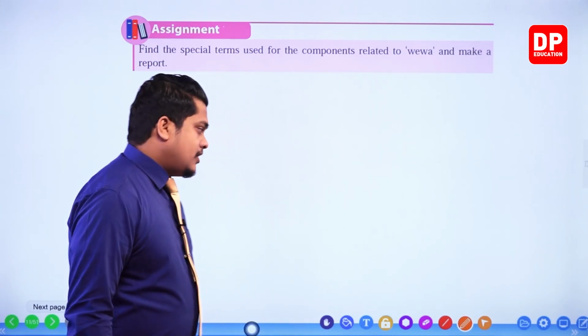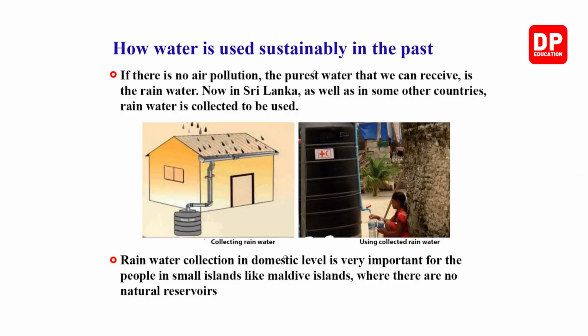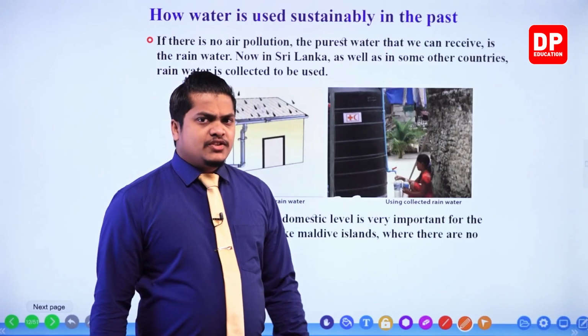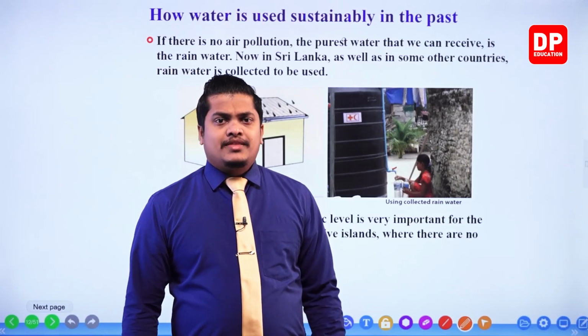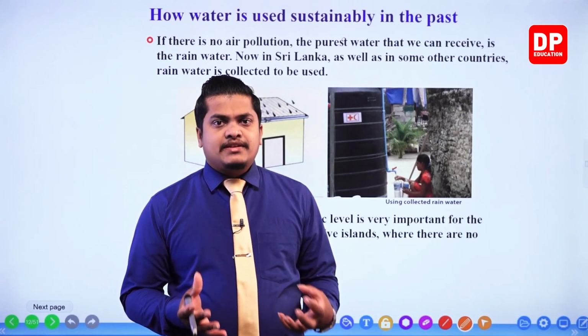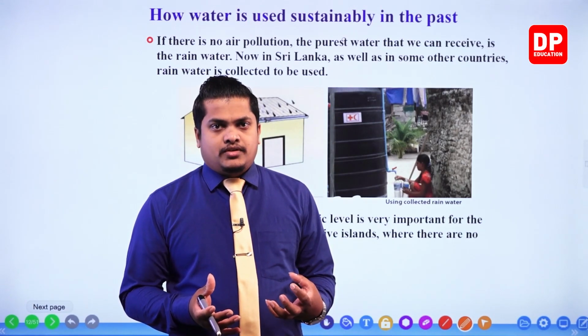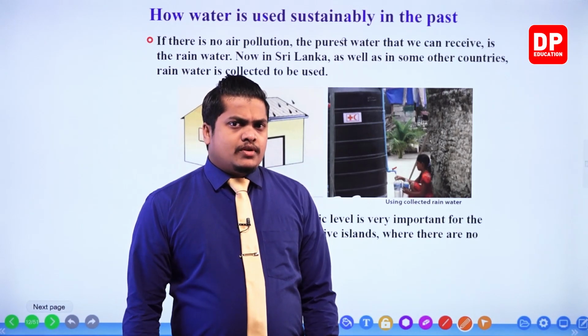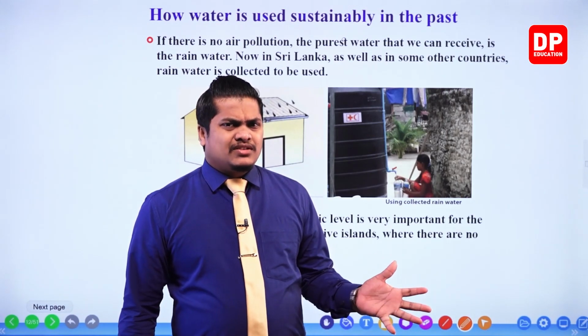Then, my dear children, the second method of sustainable use of water. Let's see. If there is no air pollution, the purest water that we can receive is the rainwater. Why is it mentioned as no air pollution?